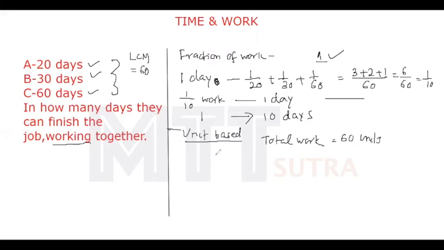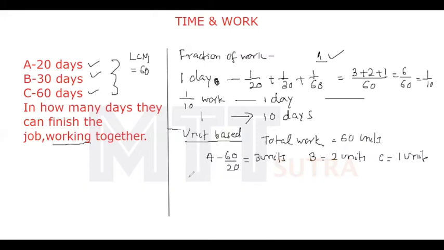Now, since A takes 20 days to do the job, in 1 day the amount of work done by A will be 60 by 20, that is 3 units. Similarly, for B it is 60 by 30, that is 2 units. And for C, 60 by 60, that is 1 unit.